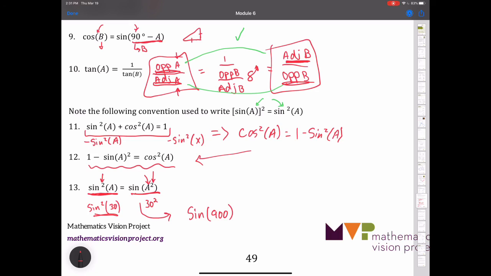And so we're looking at the actual ratio here, the side lengths squared, not the angle squared. So this is not, in fact, a true statement, because this is squaring the ratios of the side lengths once we've found them, while this is squaring the angle itself before we've looked at any ratios. So there you have it.